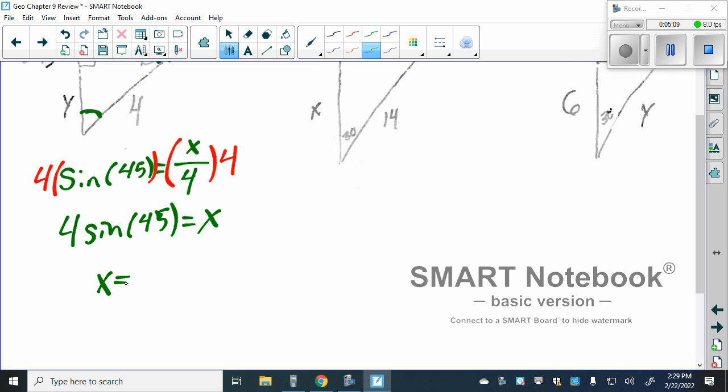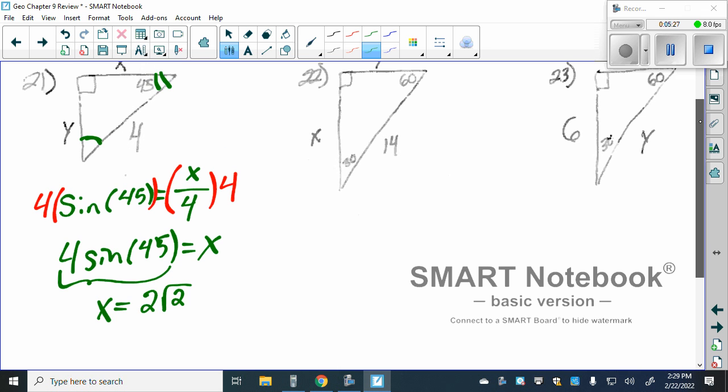At this point, we can type 4 sine of 45 into the calculator, and if we hit enter, we get 2 square root of 2. And that'd be it. That'd be the answer for both sides. Any questions on this one here? Okay.